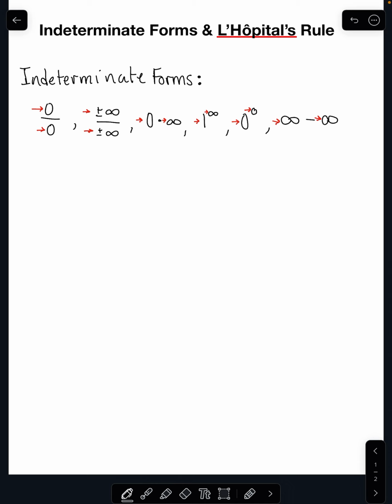Each of these, we have to look at the rate at which they are approaching their respective values. Each of these things has two components. So we need to be able to break down whatever expression we're looking at into the two components.